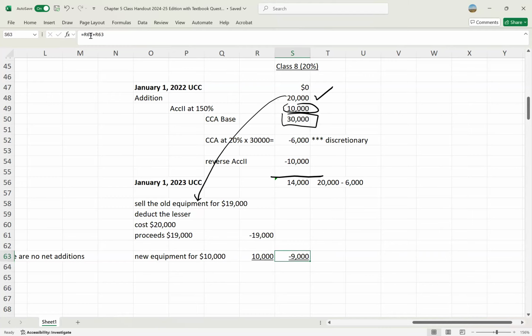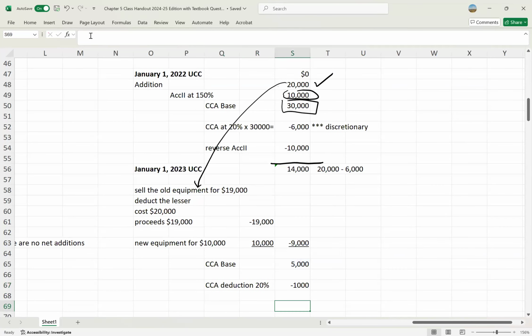So in this example then, our CCA base is going to be the 14,000 minus the 9,000, which is 5,000. And so our CCA deduction for 20% will only be 20% of 5,000. That's going to be $1,000.